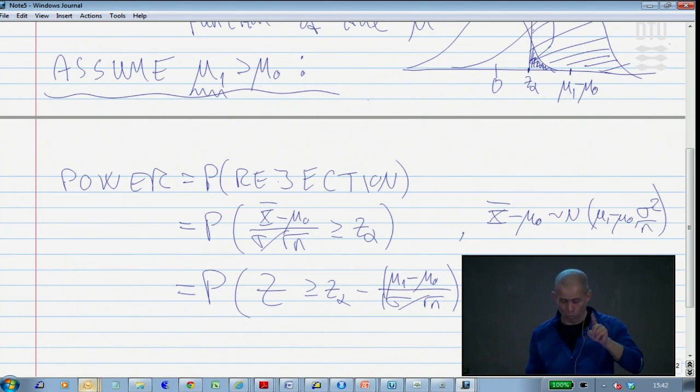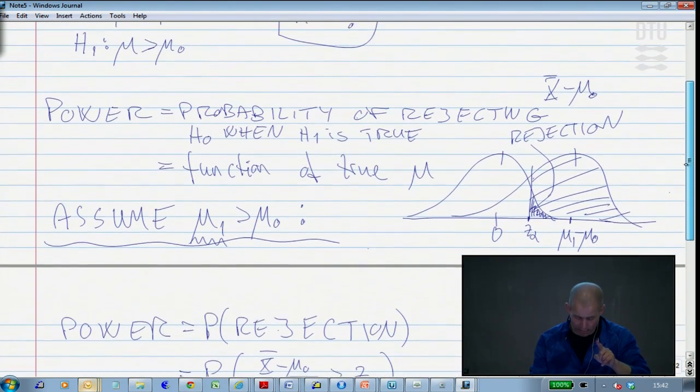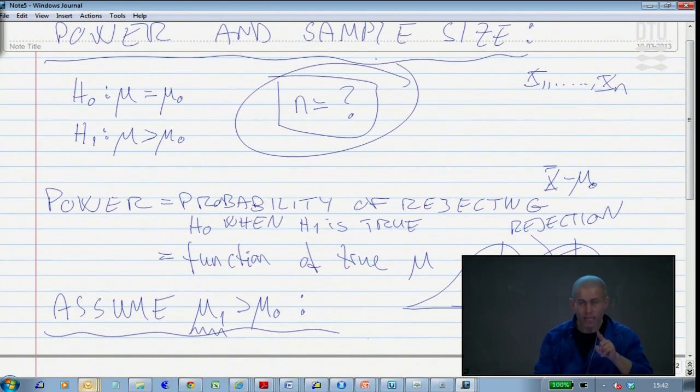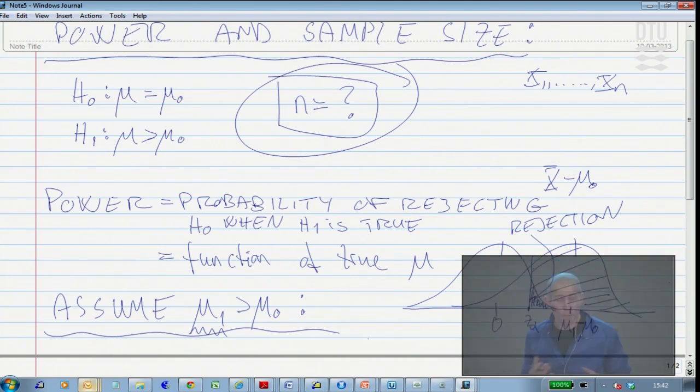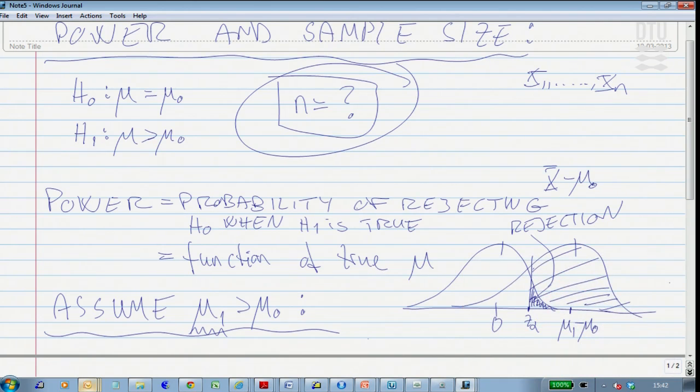That was the power. What about the question I asked you in the beginning? What should n be? Now the concept is we should choose n to achieve a certain level of power. I want to make an experiment that with a certain probability will find the important things if they are there to find. So that's a scenario-based way of thinking.